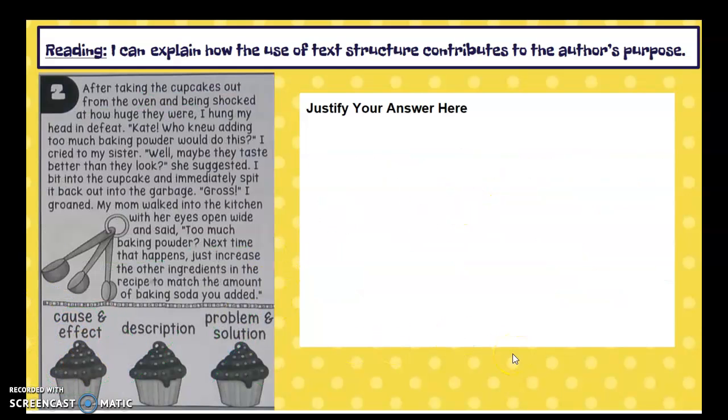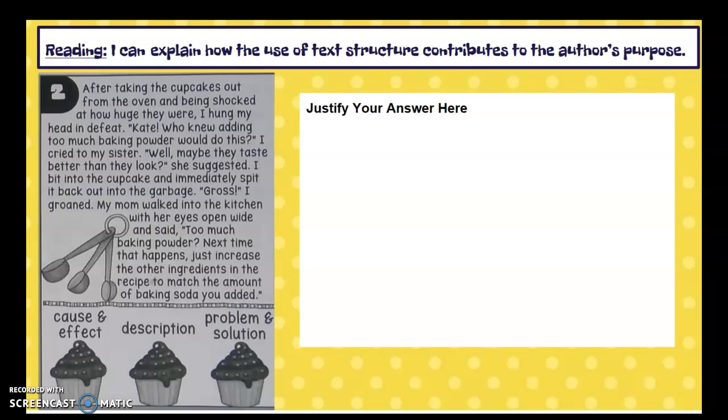Okay, next. After taking the cupcakes from the oven and being shocked at how huge they were, I hung my head in defeat. "Kate, who knew adding too much baking powder would do this?" I cried to my sister. "Well, maybe they taste better than they look," she suggested. I bit into the cupcake and immediately spit it out into the garbage.